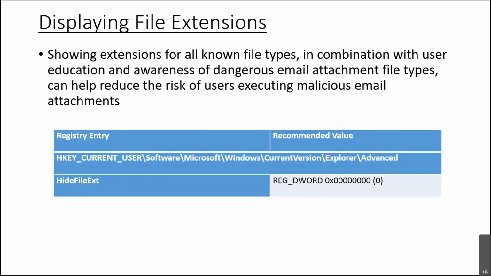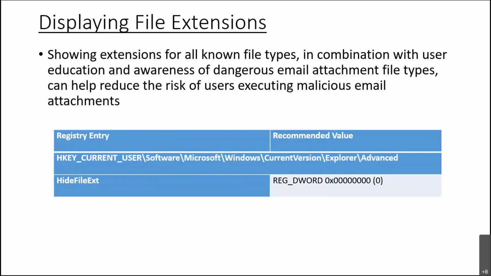The file extensions should always be viewable. It should be visible what file is being downloaded or what file is on my desktop, whether it has the correct extension or somebody has changed the file extension and hidden it. So one should always display the file extension.